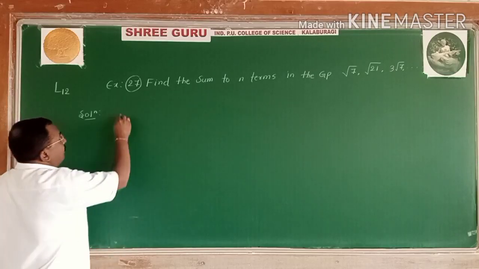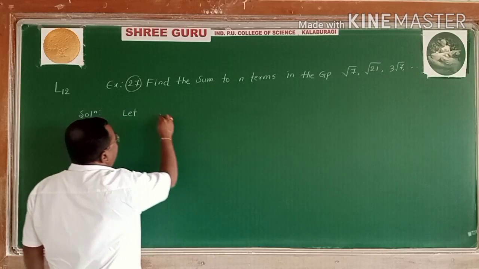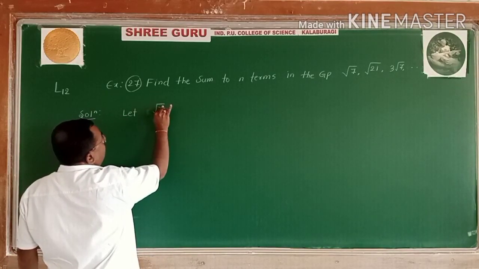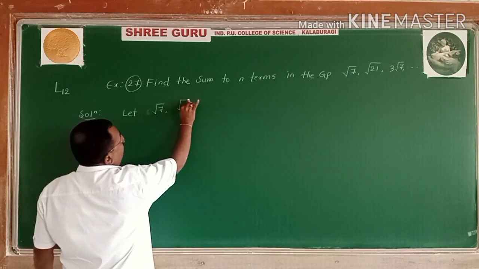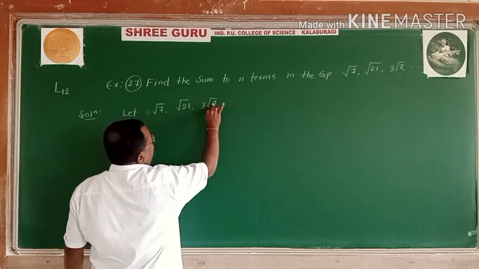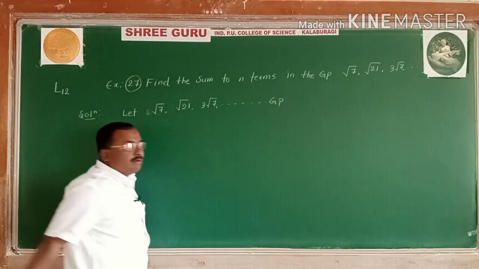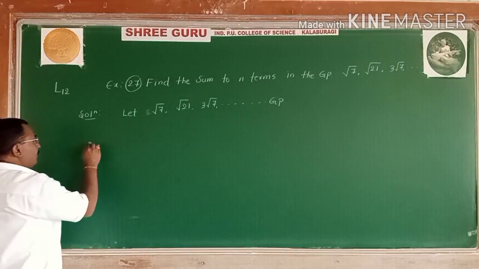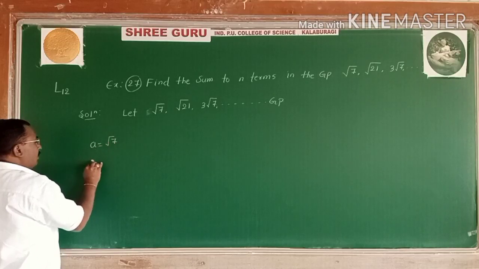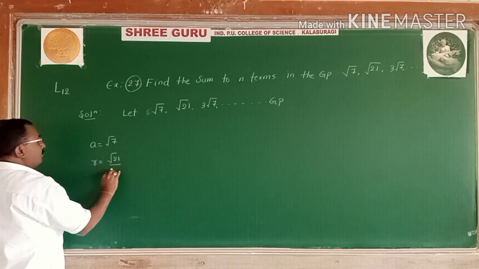Let the given GP, root 7, root 21, 3 root 7, be in the form of a GP, where a is equal to root 7 and r is the common ratio, any term divided by the previous term.